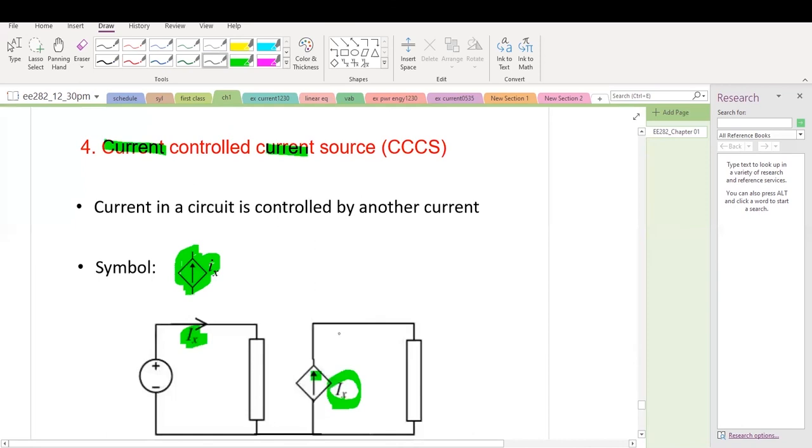To clarify, I call this Iy. So Iy can be equal to 100 Ix, or Iy can be equal to minus 30 Ix. The unit of Iy is A, or milliamp, or amp, whatever it is, but that's a unit for current.